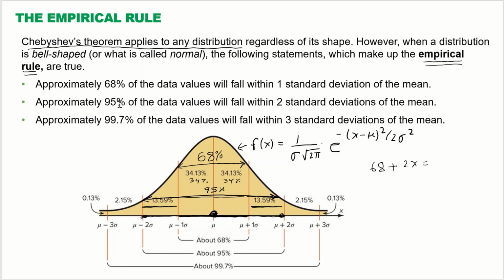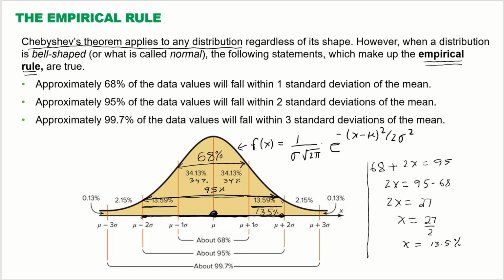So according to the empirical rule, it's 95%. So you can solve this equation and find the value of x. By solving that equation, we obtain x equal to 13.5. So the amount of data that lies here is 13.5, or more accurately, you can see it is 13.59.